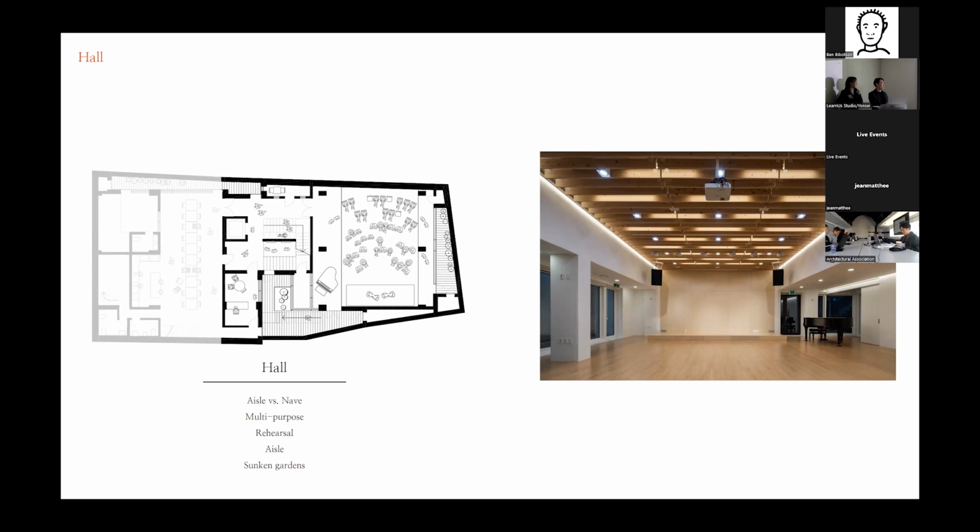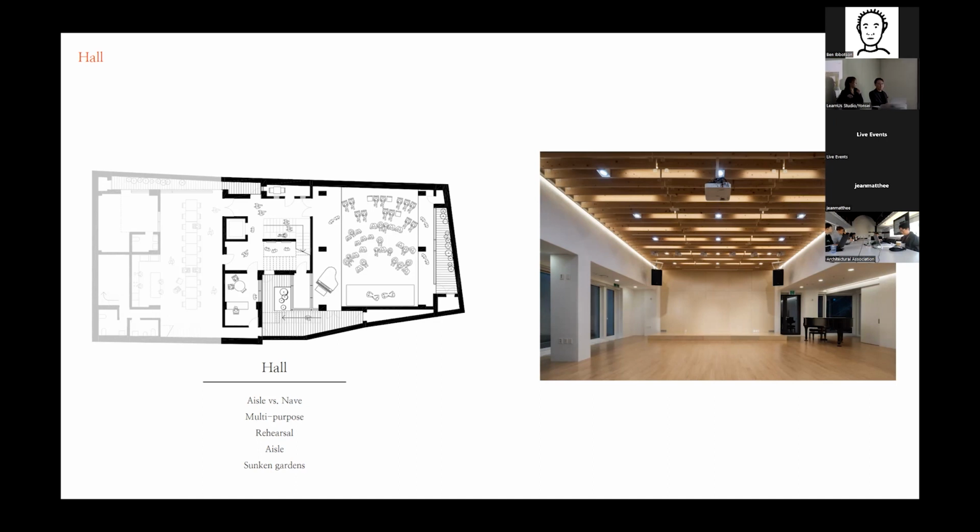We actually looked at some aisle and nave approach, which you can see in a church, because at the beginning it also conveys the purpose of a church as an assembly, and other community activities should have been accommodated in this area, but in our design it was quite tight.